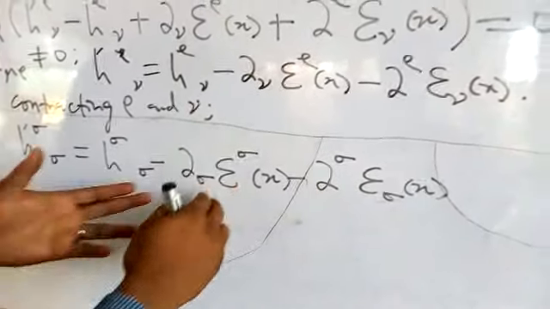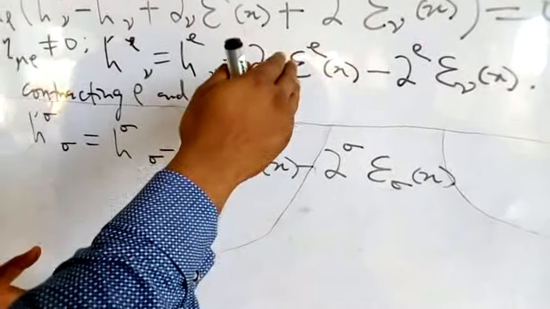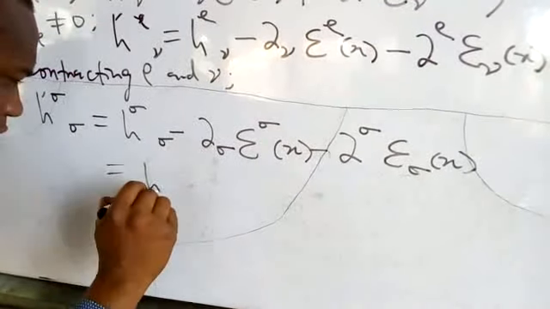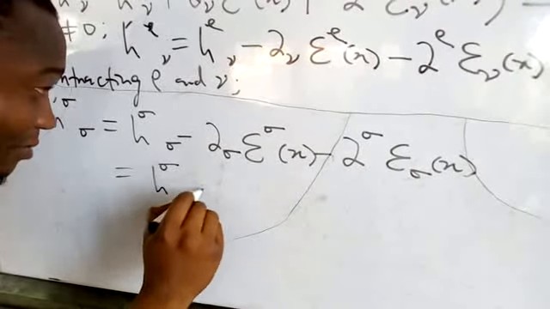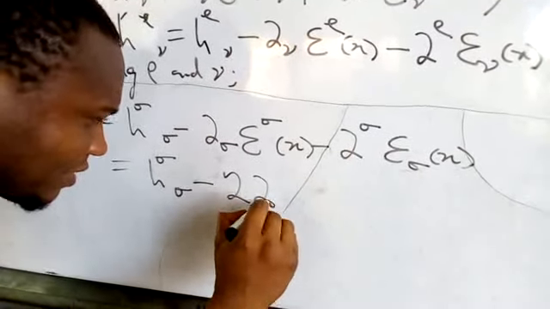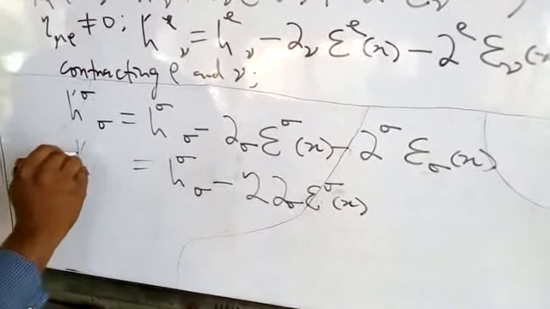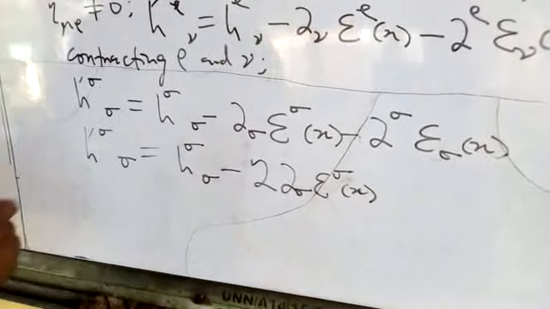Like we said, when you have two dummy indices written in this form, I can as well raise and lower the other one. So whatever form I choose to call that, σ minus 2 ∂σ ε_σ of x. So in other words, h prime of σ should be equal to that.